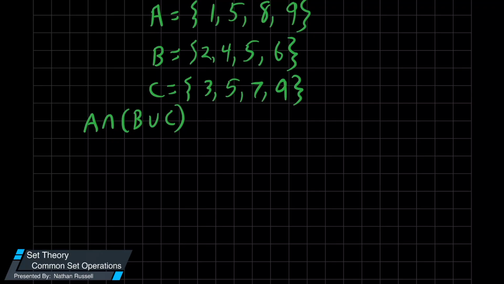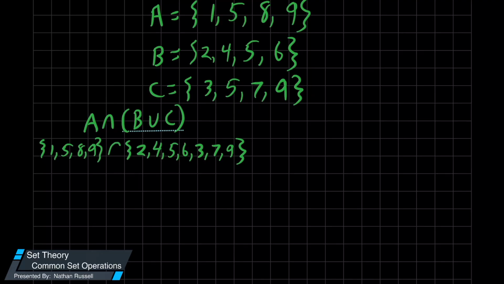So first, we're going to take the union of B and C because parentheses go first. So it's going to be the set 2, 4, 5, and 6. And then we're going to add 3. 5's already in there. We add 7, then we add 9. Over here in A, we just basically rewrite it. It'll be 1, 5, 8, and 9.